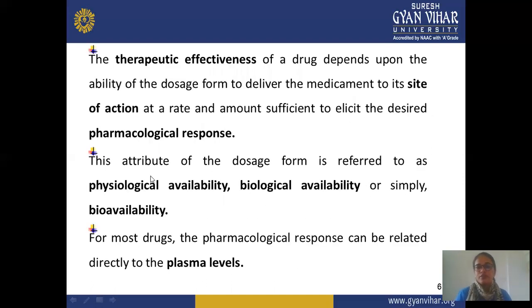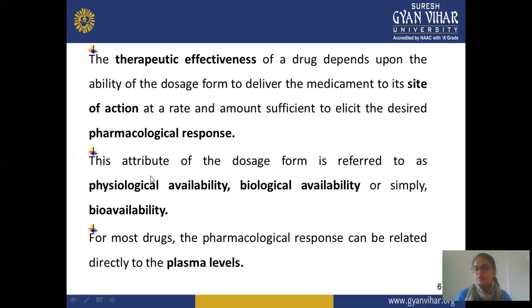The therapeutic effectiveness of a drug depends on the ability of a dosage form to deliver the medicament to its site of action at a rate and amount sufficient to elicit the desired pharmacological response.